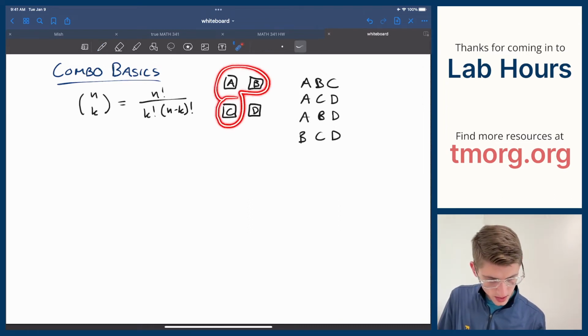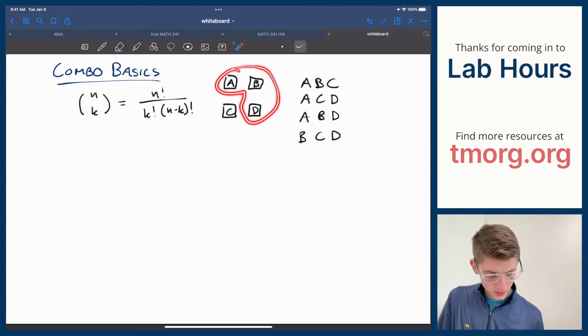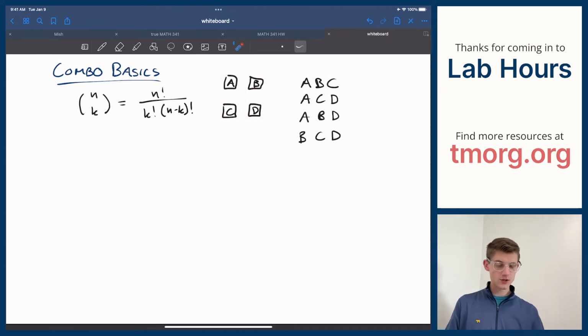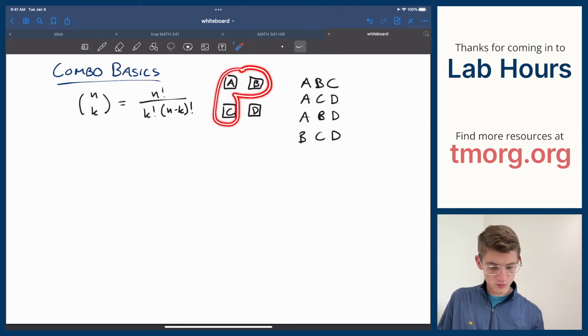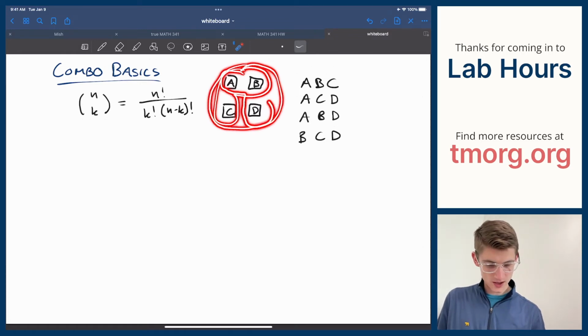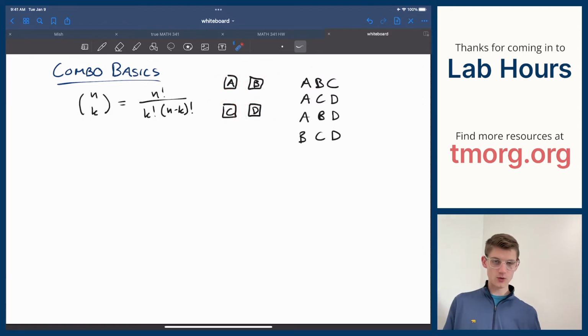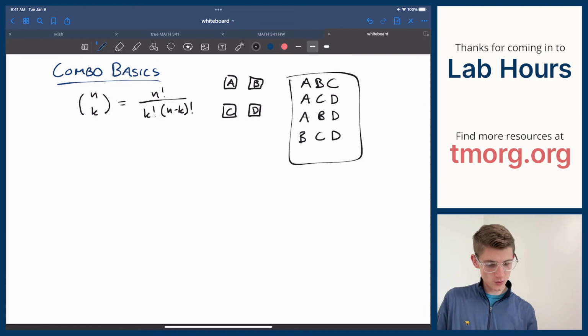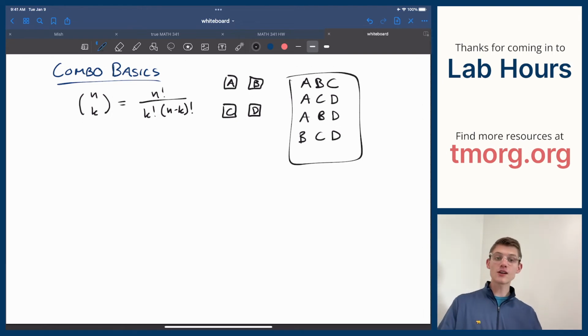C, A, B, we covered that one, we covered that one. That's pretty cool. There's only 4 different groups of 3 boxes that I can make from this group of 4. Maybe I could highlight them like this. Shoom, and then shoom, right? Pretty cool. Not super helpful, but let's talk about that. 4 different ways that we can make a unique group of boxes.